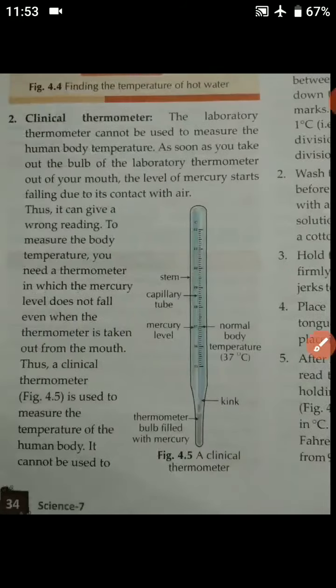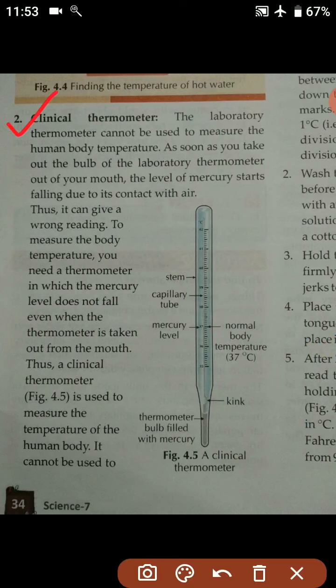Alright students. So now we are going to understand the second type of thermometer, that is the clinical thermometer. The laboratory thermometer cannot be used to measure the human body temperature.